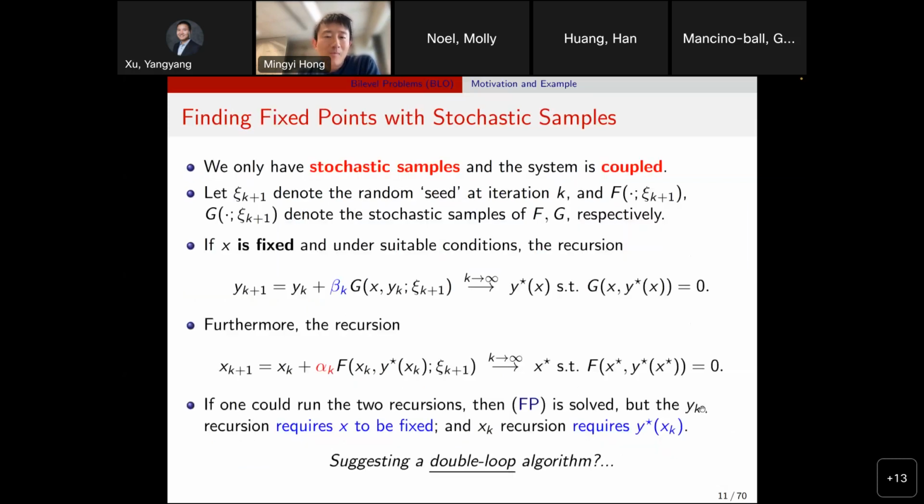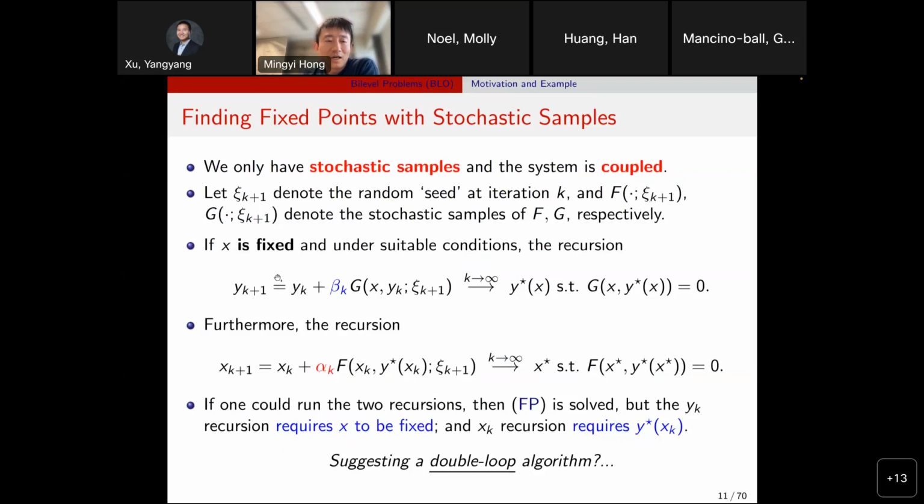So in classical work about fixed points and stochastic problems, what people usually do is the following. We assume that each time I can sample a stochastic sample out of my distribution, so I can evaluate this f function at this particular sample, and then the g function at a particular sample.